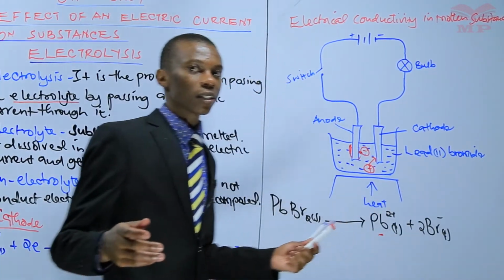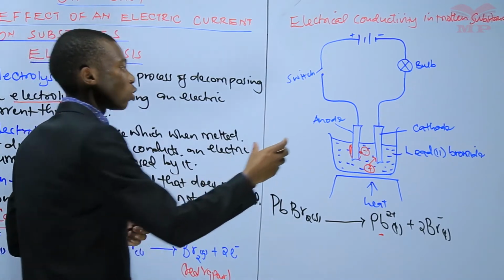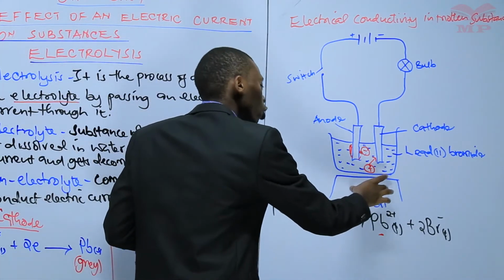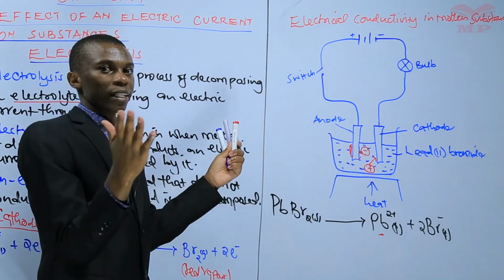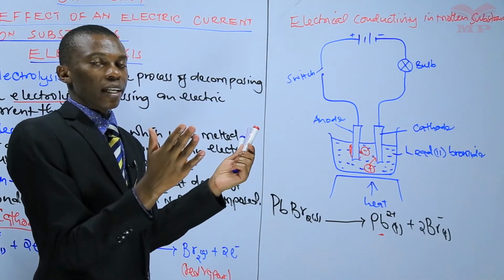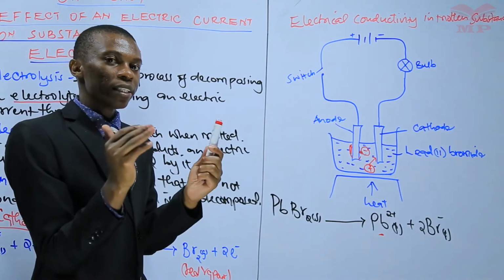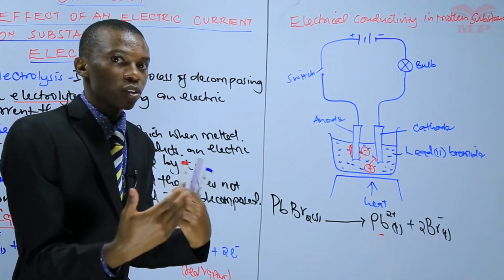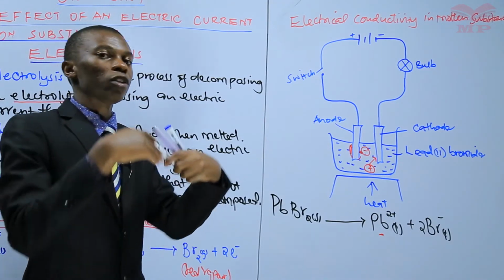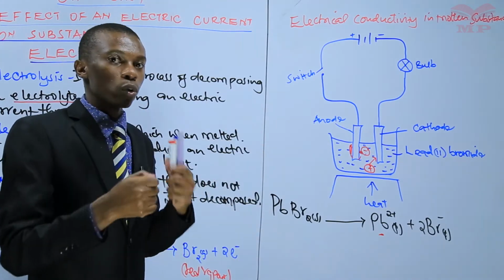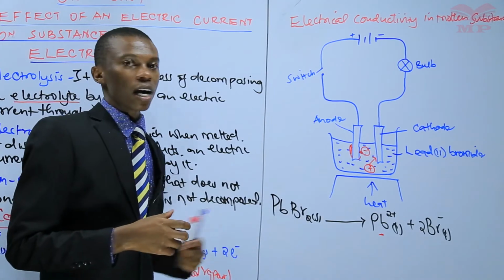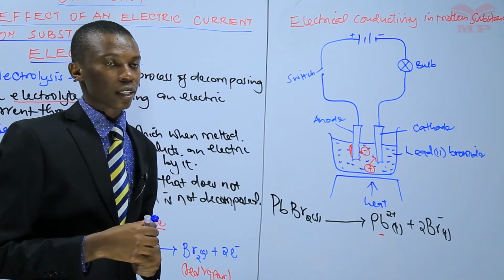It's not aqueous because it was a solid. This solid has been heated and these ions have been separated. Therefore, it's a liquid. It is not aqueous. Aqueous means when you add water, it dissolves in water. And you've not added water, that's why they're in liquid state. If you added water, then it would be in aqueous state.